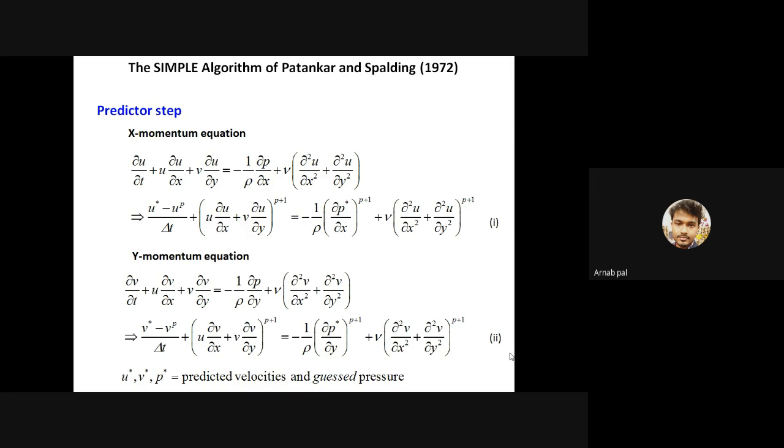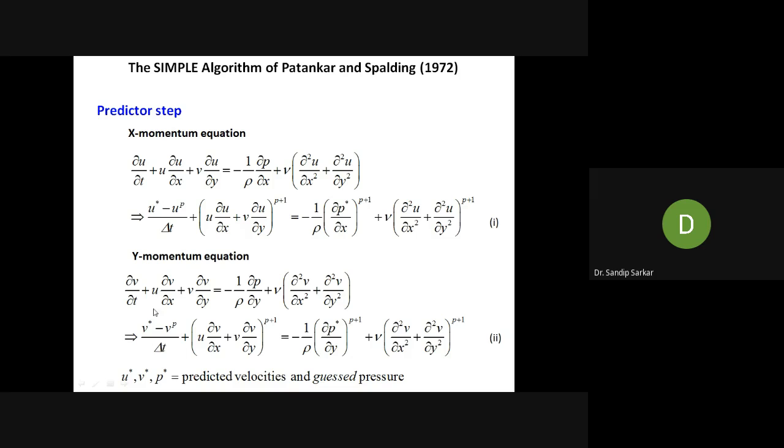Very simple. From common sense, you can write these equations. So these are your predicted velocities. In the predictor step number 1, you have written your own code and calculated your predicted velocities u star and v star for all the grid points. U star is basically at a cell face, and p star is your guess pressure, which you have initially guessed at cell centers.